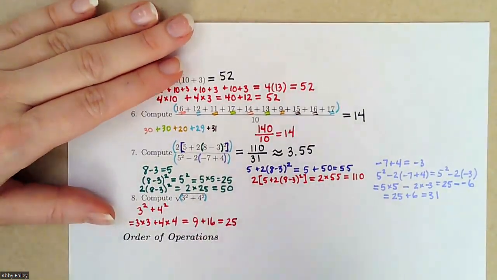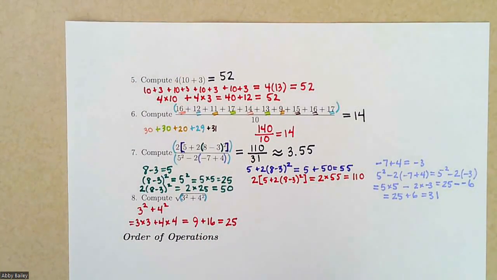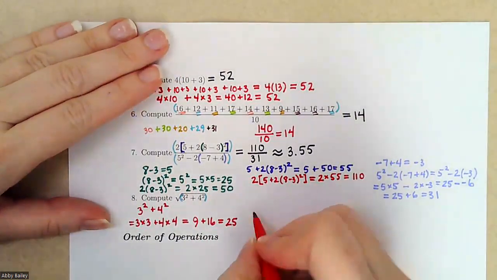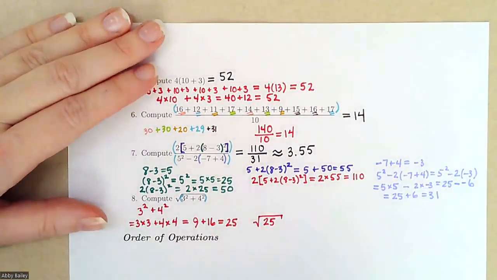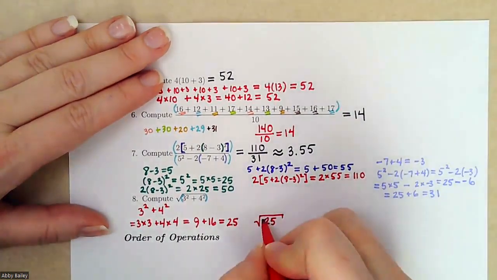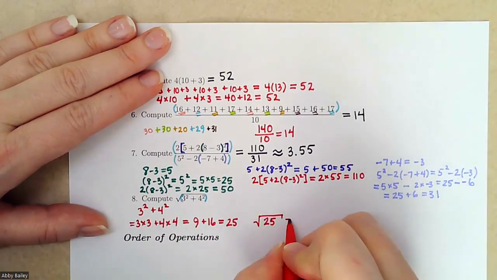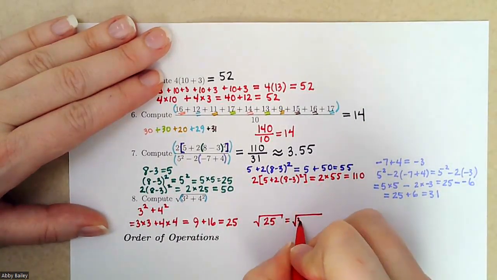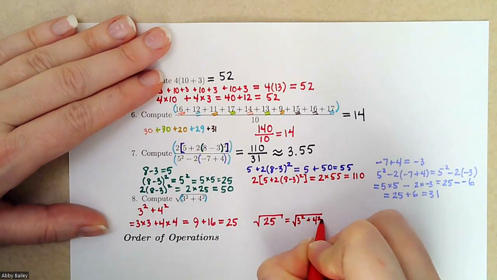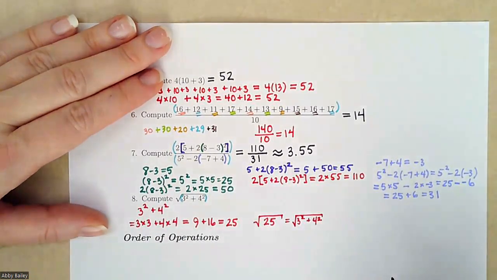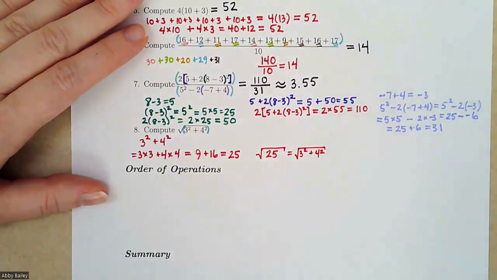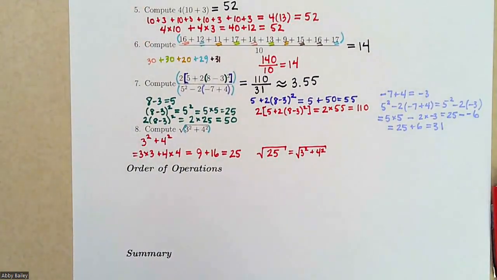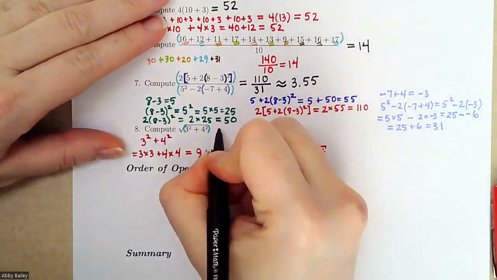So we're really taking the square root of 25. Here, that's our original problem, right? And that's the square root of 25. Now we can do that operation. The square root of 25 is equal to 5 because 5 times 5 makes 25.